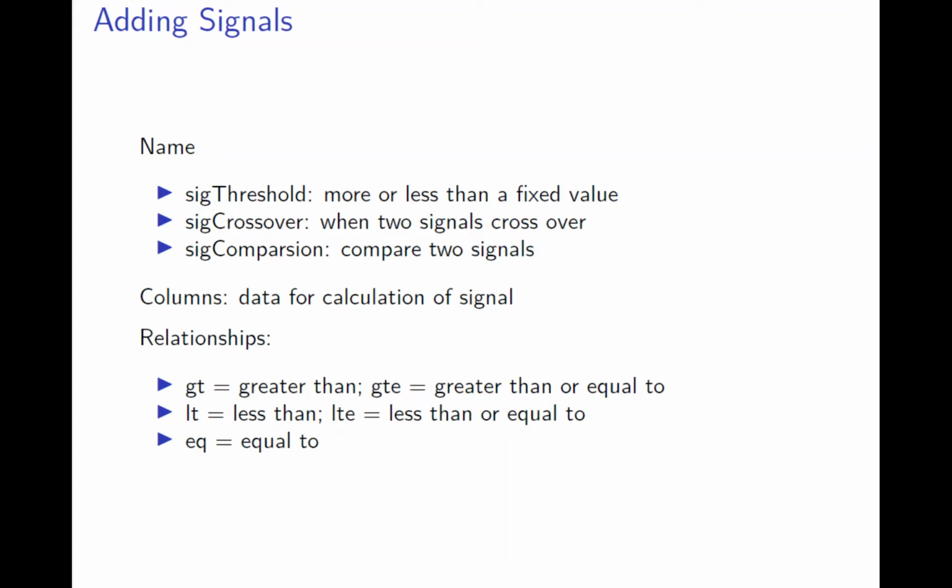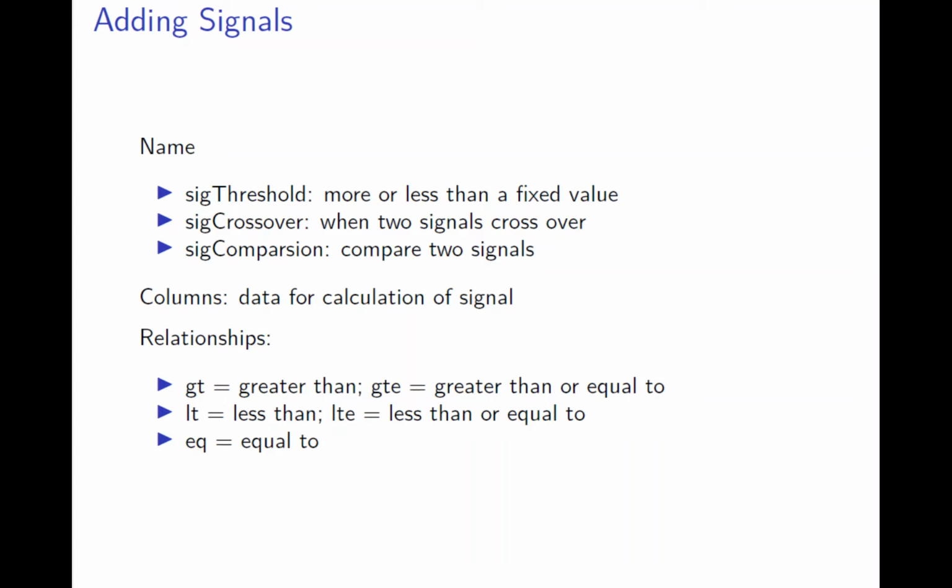Then there's a crossover, like the MACD over the signal line. And comparison, where sometimes you want to compare the short-run EMA with the long-run EMA, or like the Bollinger band, whether the price is above the upper line or below the lower line.